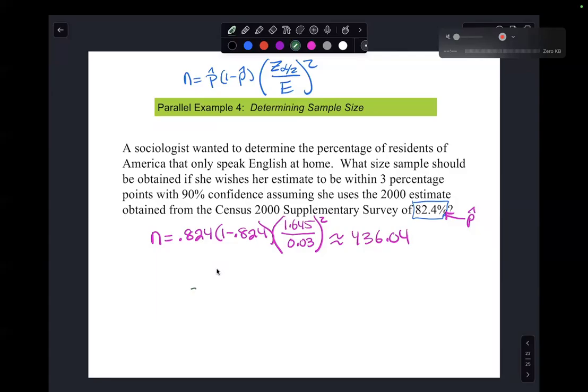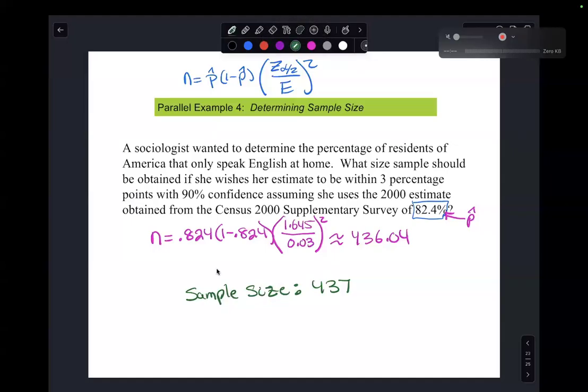We need a sample size of 437. Yes, that is barely over 436, but 436 won't work. You always round up. I need 437 people, households, I guess, sampled.